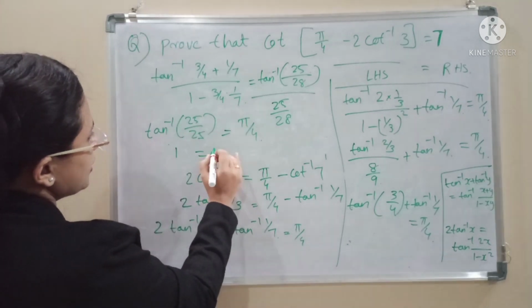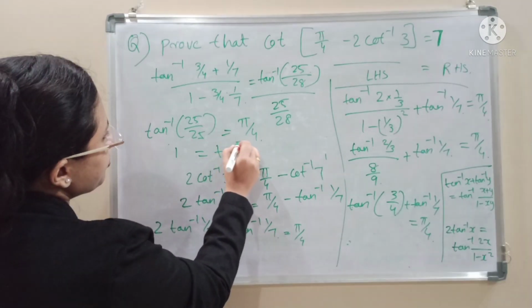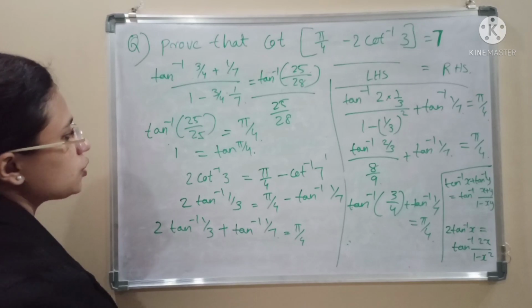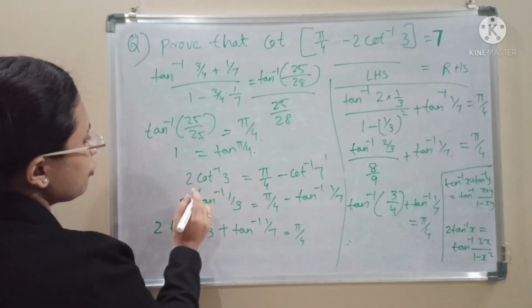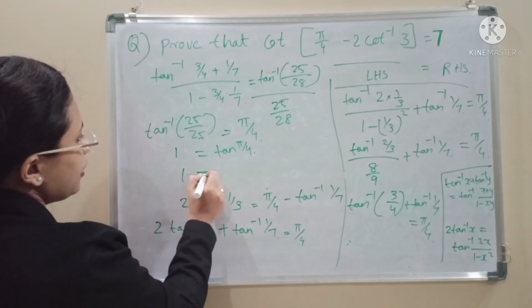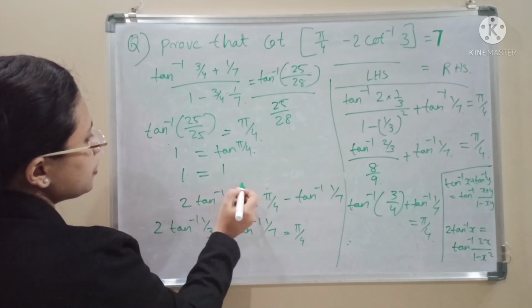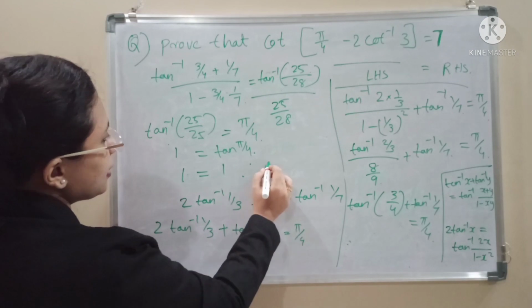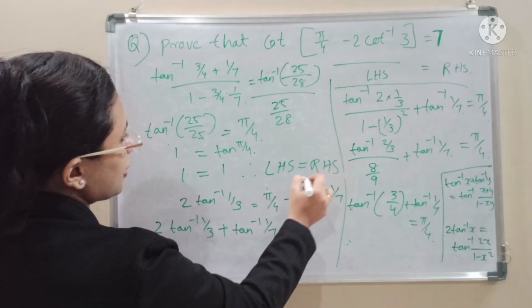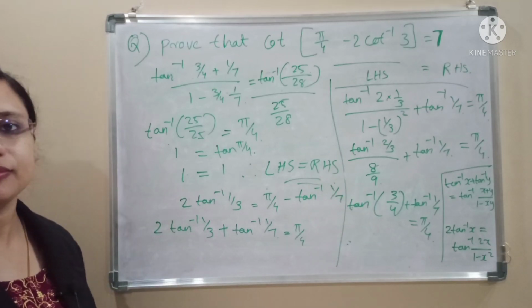Take tan inverse this side, so tan of pi by 4 will come. The value of tan pi by 4 is 1. So 1 equals 1. That means LHS equals RHS, hence proved. Clear?